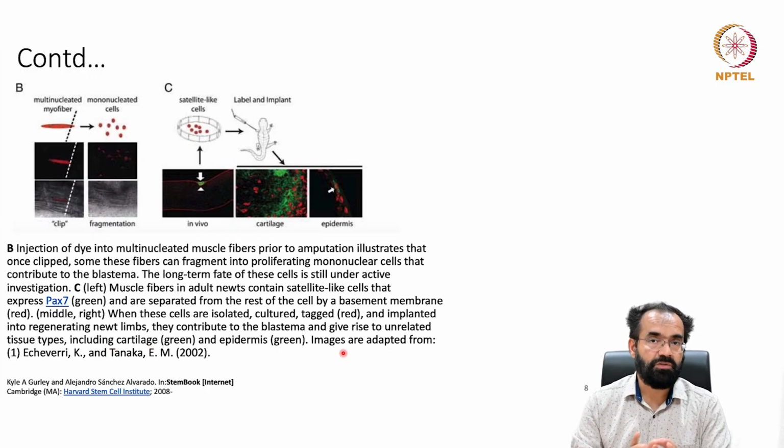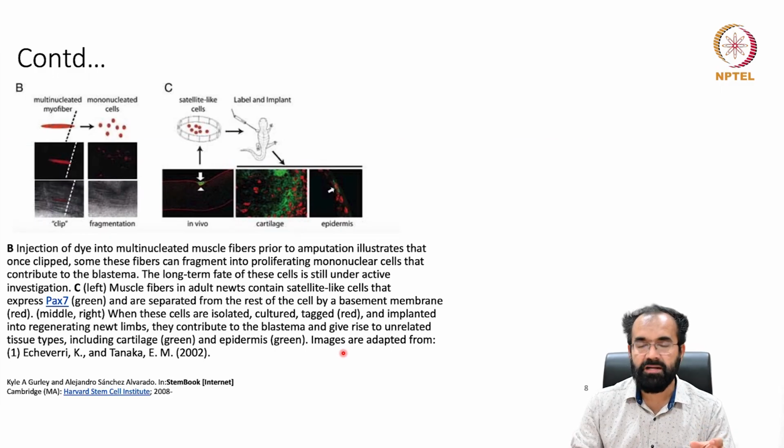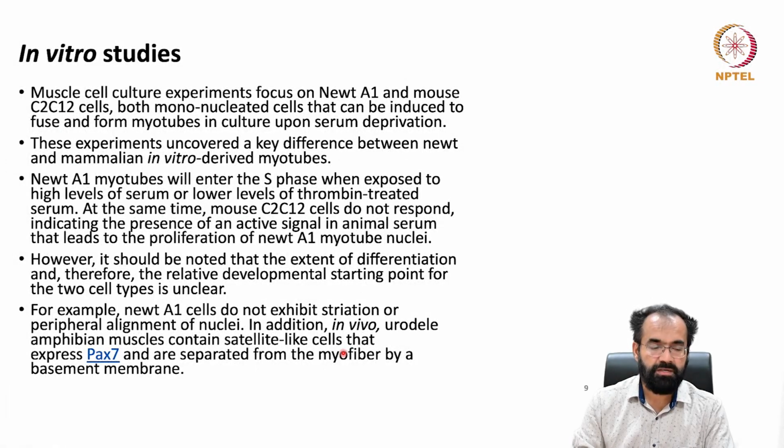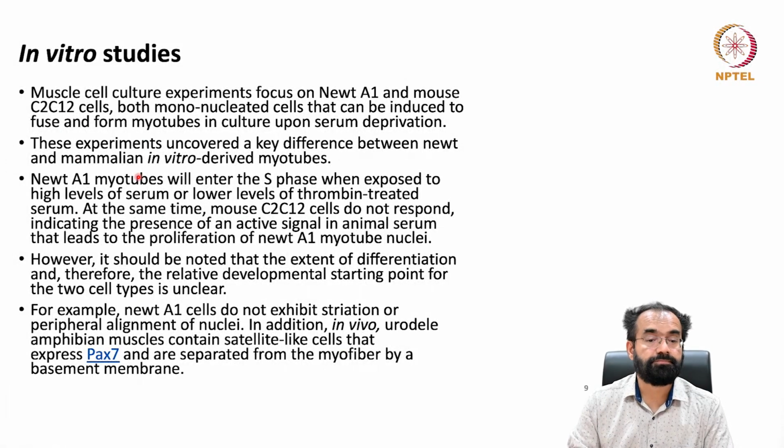This is also one has to keep in mind. In adult, although it is restricted in a given tissue, in some other tissue they can be moving to other lineage also, some kind of transdifferentiation.